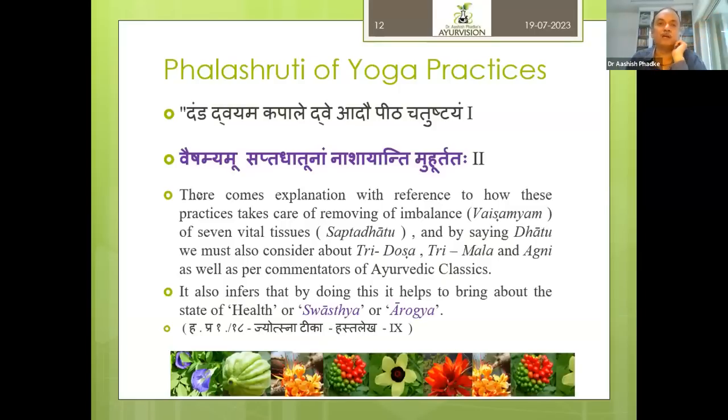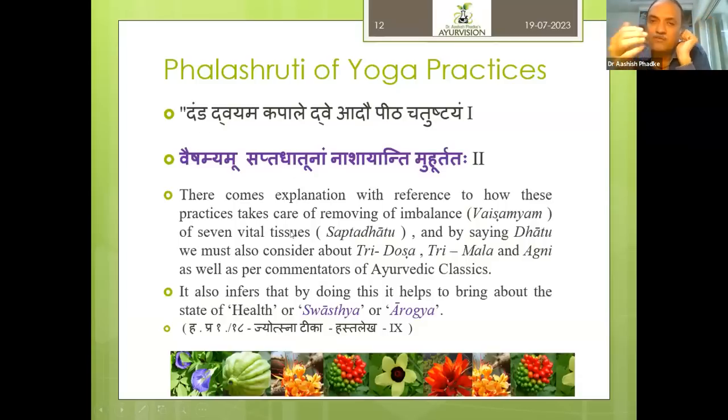Everyone is aware of it, and in that they have given a verse like Danda Dvayam Kapale Dve Adav Pitha Chatushtayam Vaishamyam Saptadatunam Nashayanti Murtata. Now, what they have said is that these particular practices are actually destroying Vaishamyam Saptadatunam.